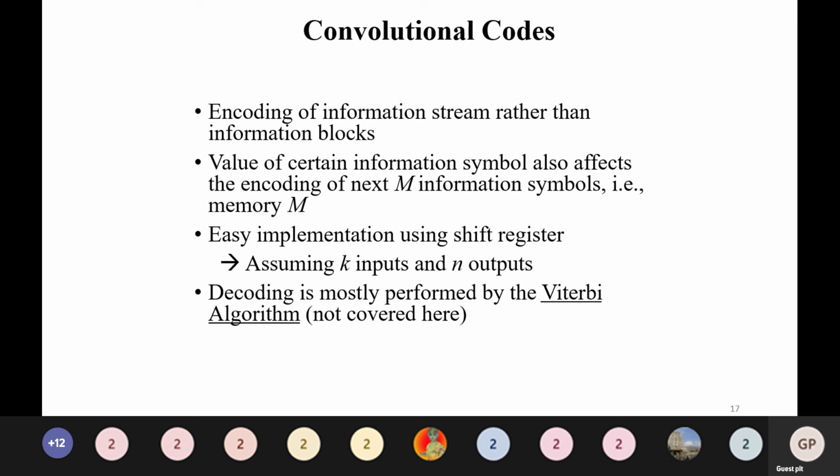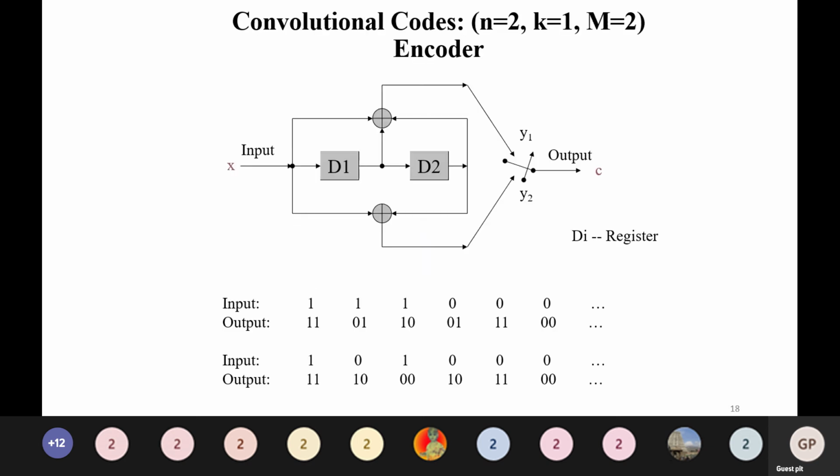Then the convolutional code with n equal to 2, k equal to 1, m equal to 2. If you take input bits d1, d2, and outputs y1, y2, these are the registers.